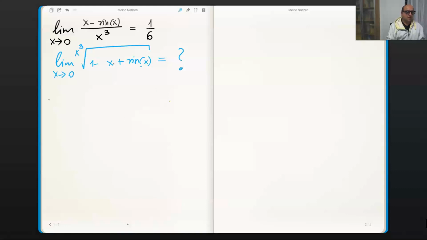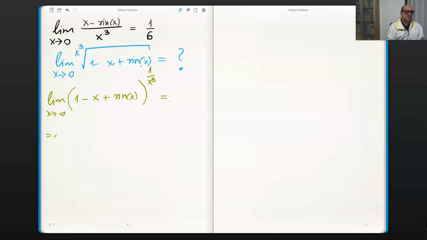The thing is, we're starting with the limit x towards 0 and we're just rewriting it as (1 minus x plus sine of x) to the power of 1 divided by x cubed.